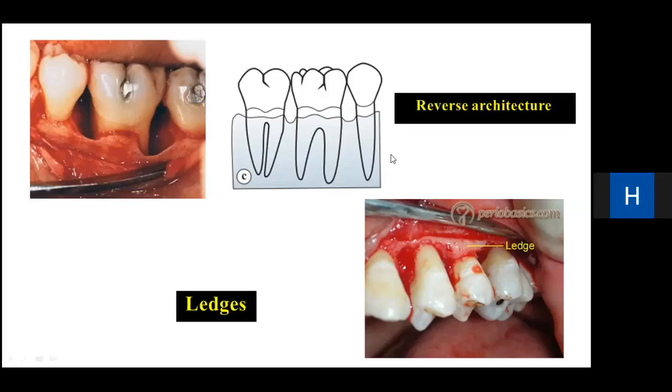No. In which condition do we see ledges? Okay, I'll give you another hint. Trauma from occlusion. Yes, very good. Lipping, right? You remember buttressing bone, lipping, peripheral, central. All of that is seen in trauma from occlusion.